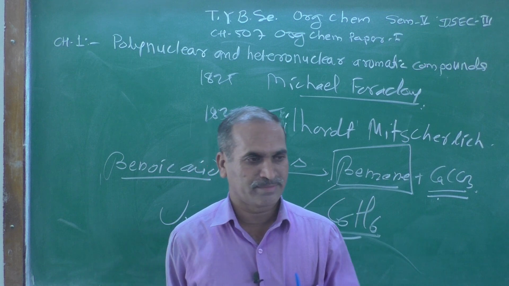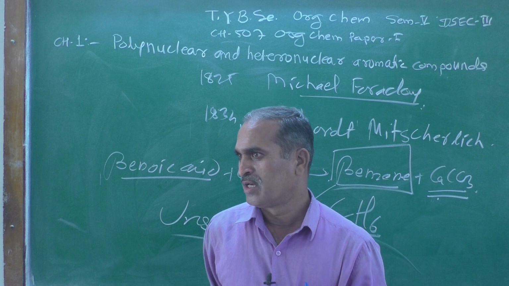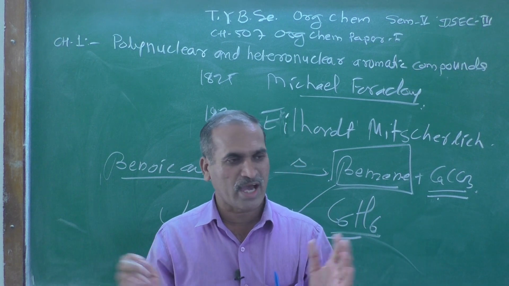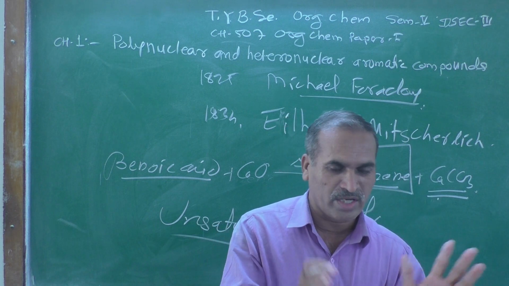One reagent is Br2 in presence of CCl4. Everybody knows that bromine is brown in color.